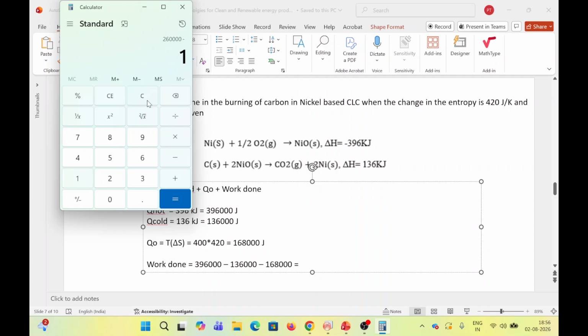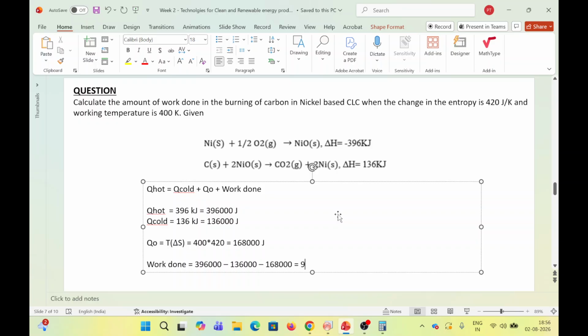It is 92,000 joules, or you can also write it as 92 kilojoules. This is the amount of work done in the burning of carbon in nickel-based CLC.